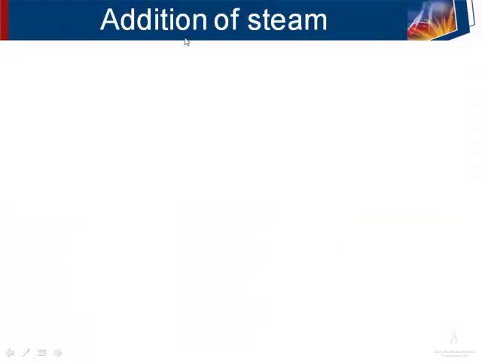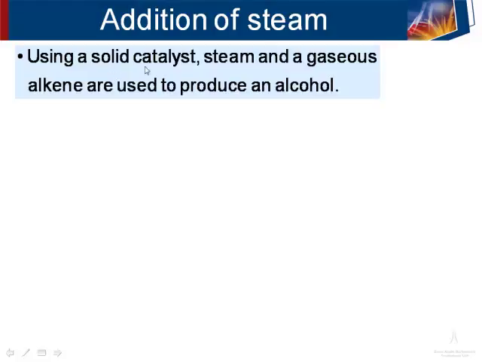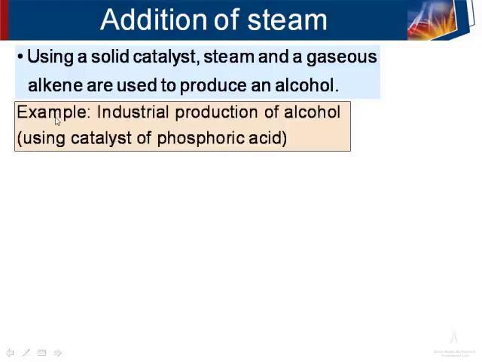The next type of addition reaction we're going to look at is the addition of steam. Using a solid catalyst, steam, and a gaseous alkene, they are used to produce an alcohol. An example of this is the industrial production of an alcohol using a catalyst of phosphoric acid.